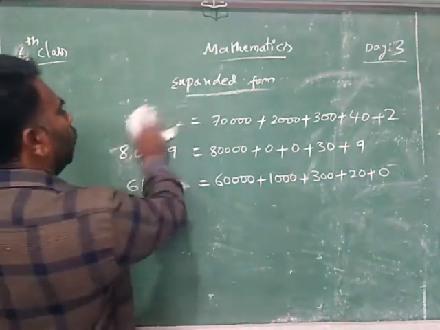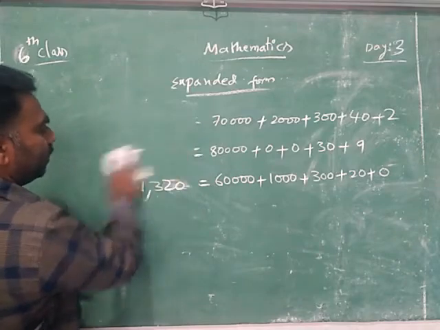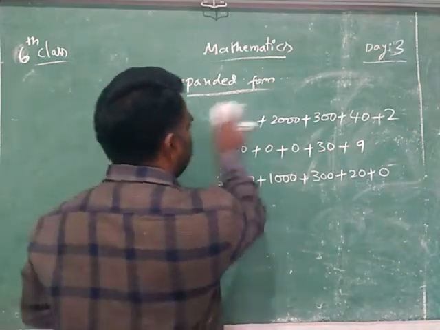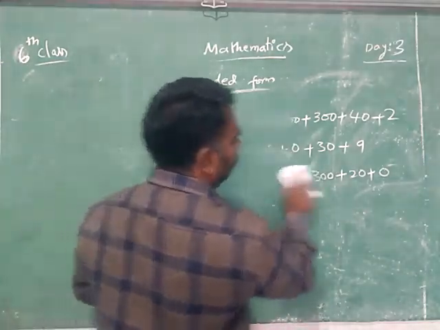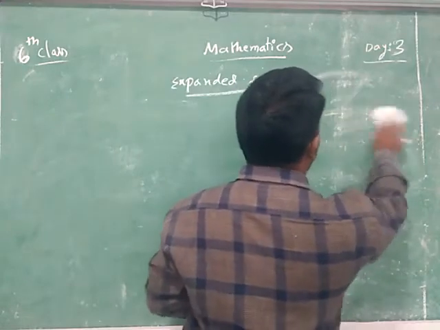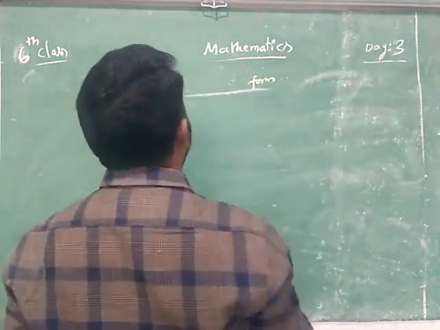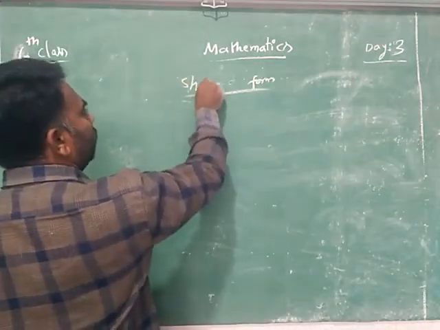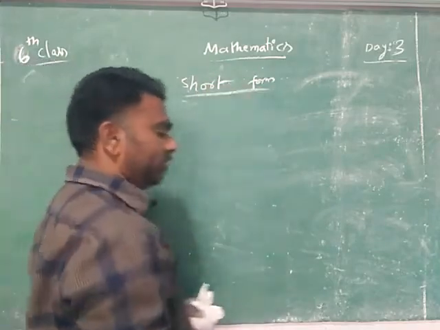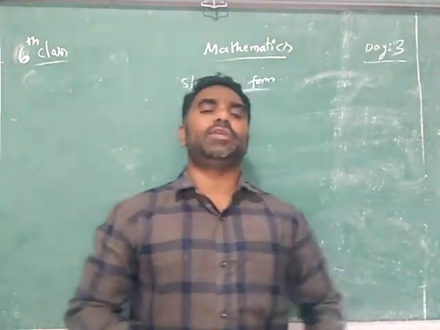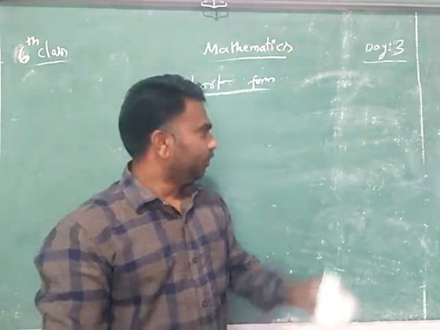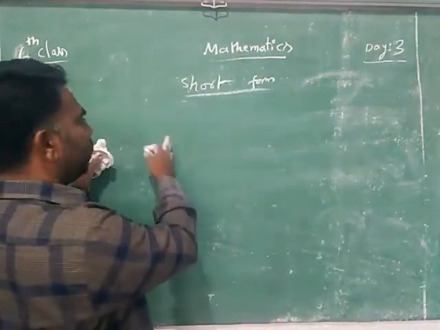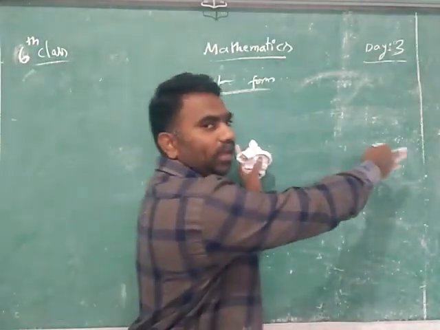Okay, now we will discuss another topic, that is short form. After expanded form, there will be short form. Short form means the reverse of the expanded form. Here we took a number and wrote the expanded form.